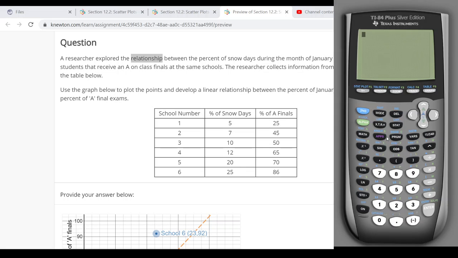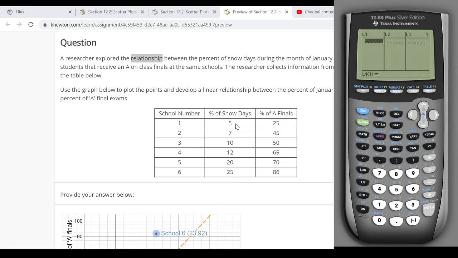You remember how to make lists of data, right? I hit the Stat button, hit Enter on Edit, and then go down list L1, or whatever empty list you wish. I'm going to put down the percentage of snow days for these 6 schools.